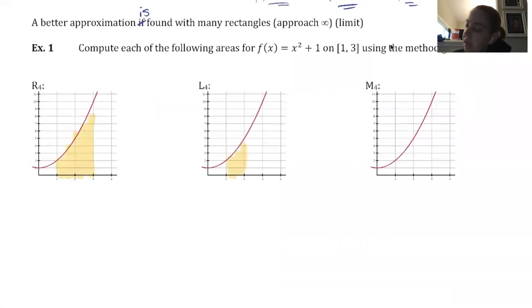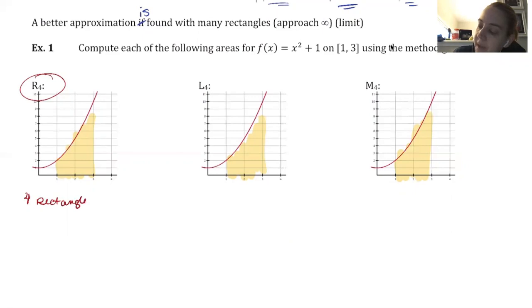For the first one, you're looking at R4. So these are 4 rectangles, and that R means right endpoints. So we have to divide the region between 1 and 3 into 4 rectangles.